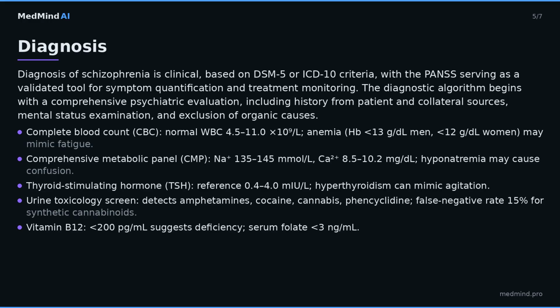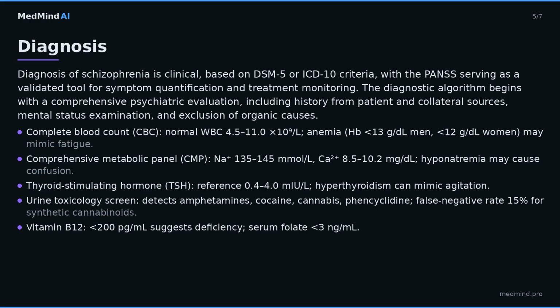Recommended tests include, key points: complete blood count, CBC, normal WBC 4.5 to 11.0 times 10^9/L; anemia, Hb less than 13 g/dL in men, less than 12 g/dL in women, may mimic fatigue. Comprehensive metabolic panel, CMP: Na 135 to 145 millimoles per liter, Ca 8.5 to 10.2 mg/dL.